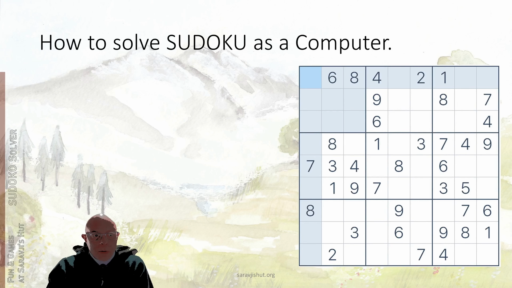In this square, we are going to be trying out each number from 1 to 9 and check if it is a valid number, again, within the row, within the column, and within the subsquare. 1 we can't use, 2 we can't use, 3 we can try out. So as a computer, we would be putting in 3 now here, and then we're moving to the next square.